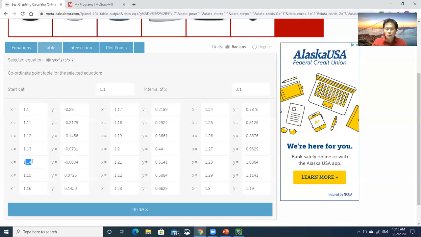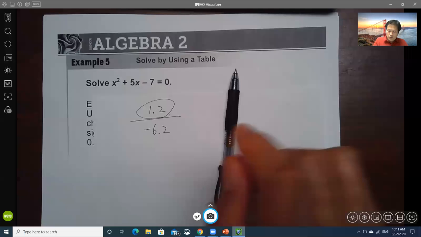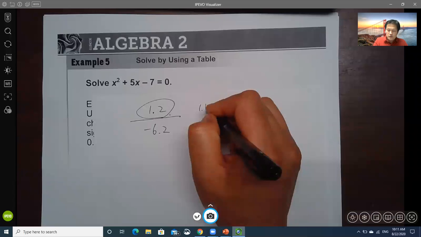The x value is between 1.14 and 1.15. That's a pretty good answer, I would say. So I would say 1.14, and actually that's the answer we got from my calculator. So you got 1.14 as the final answer using a table.